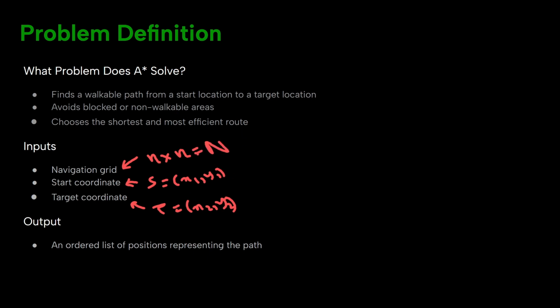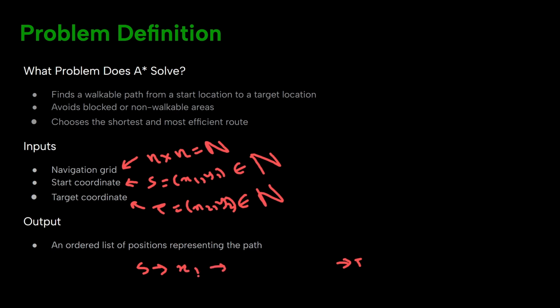These coordinates are on the navigation grid, right? And ultimately the output is the ordered list of positions representing the path, which means from start to target, all the intermediate coordinates within that navigation grid that form a path.